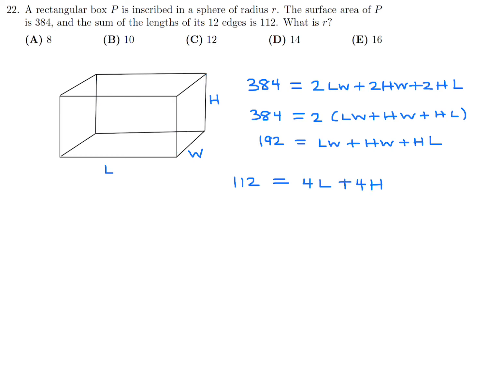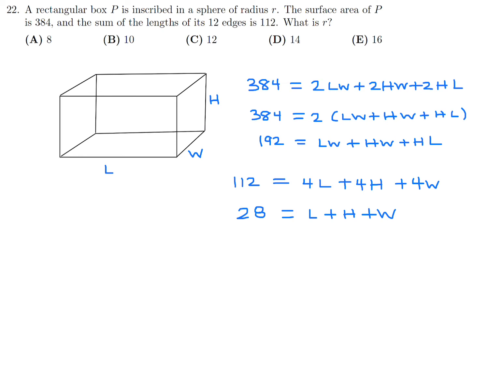And in a very similar way, the width will appear 4 times in terms of lengths of edges. So there you go. If you divide through by 4, this will give you 28 is equal to L plus H plus W. Okay? So this is the initial setup of the question.